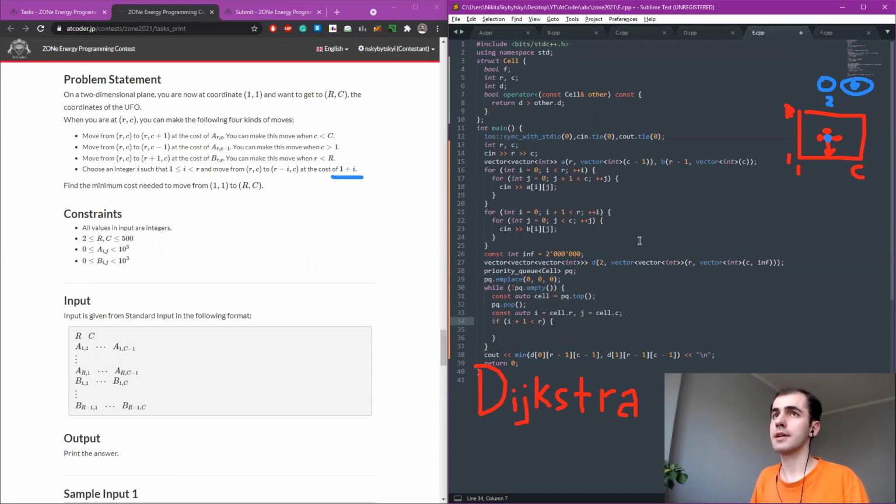Oh wait, it rolls up. It's actually moving upwards, right? So if distance at... so yeah, distance equals. Or we can do it like that. Whatever, we will just have it like this.